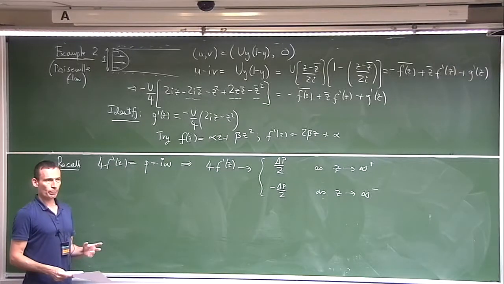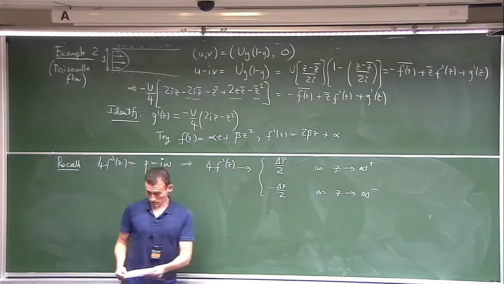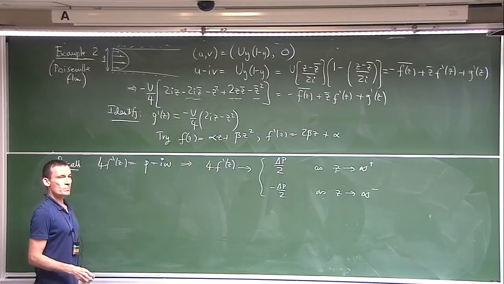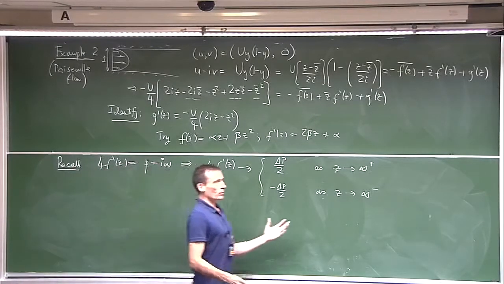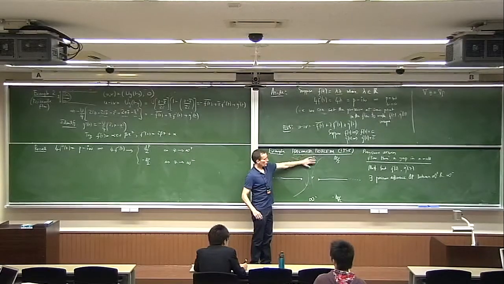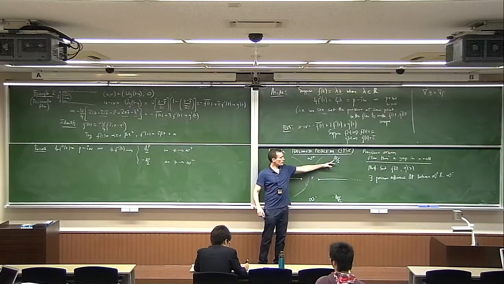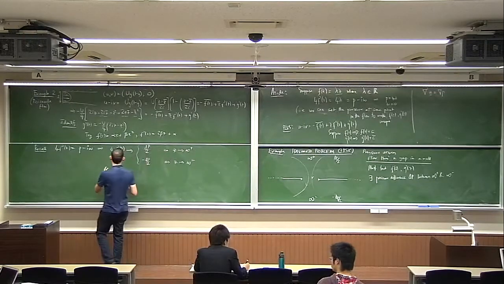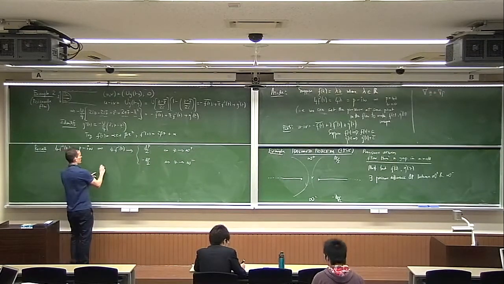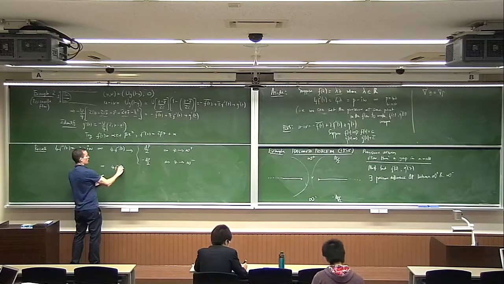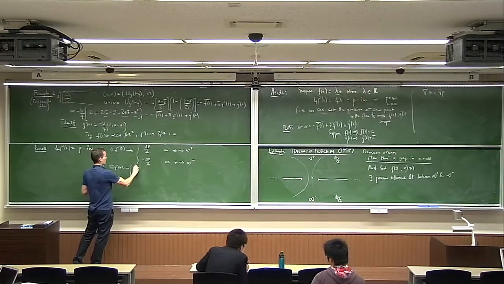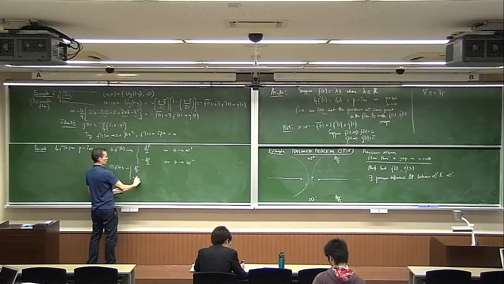So this is the problem. There's a pressure-driven flow through here with a pressure drop, and the pressure tends to this value here, and the minus of that there. In particular, this implies 4F of z tends to grad P over 8, minus grad P over 8, that is, delta P over 8.